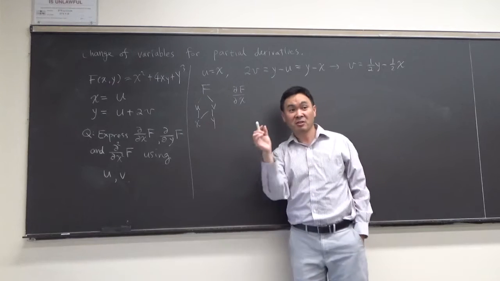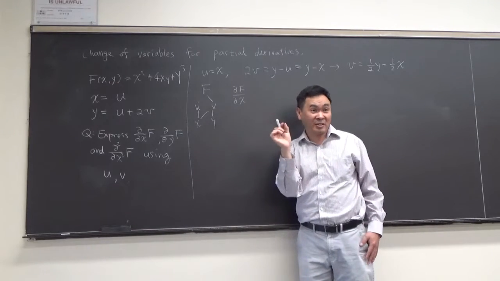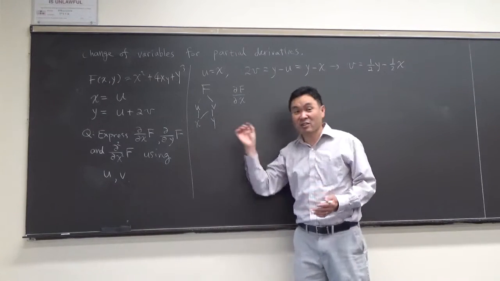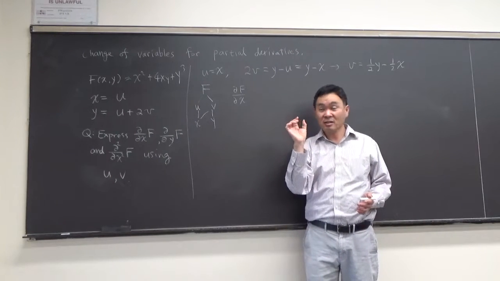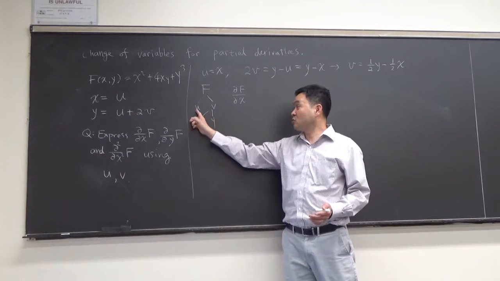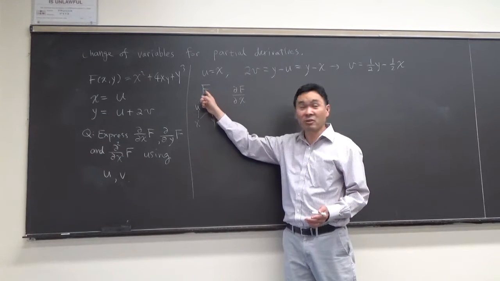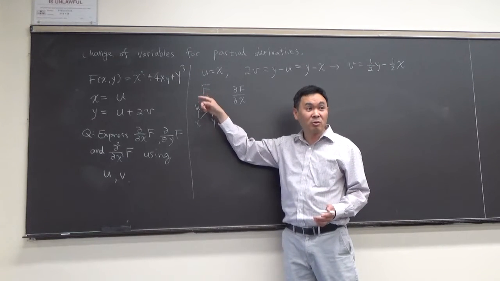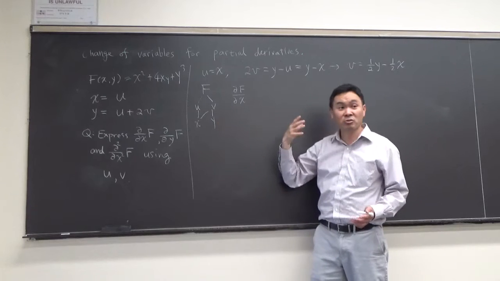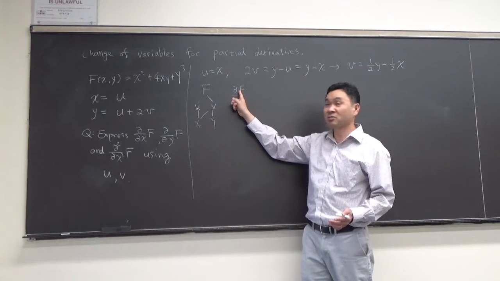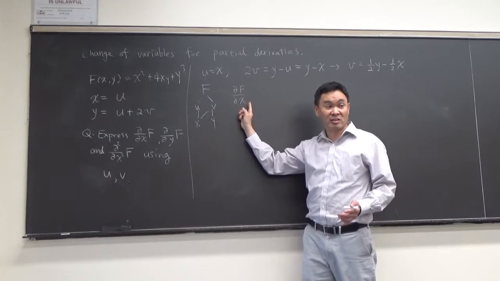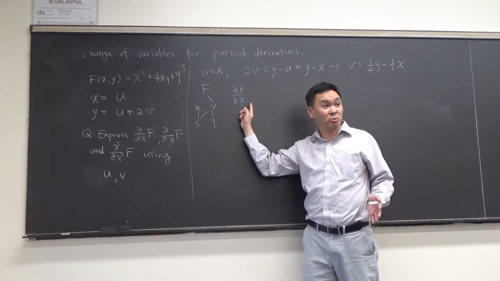You're only changing the value of x very slightly. So if you increase x ever so slightly, then it's going to change the value of u and v, which in turn will change the value of f, right? So it's a legitimate question to ask, how fast does f change when you change x ever so slightly? That's what the partial derivative means, right?